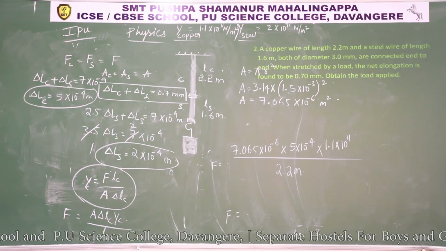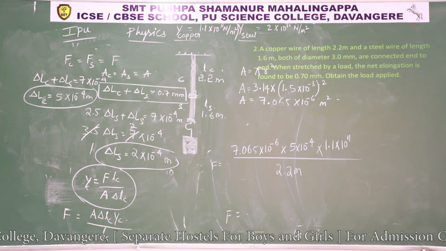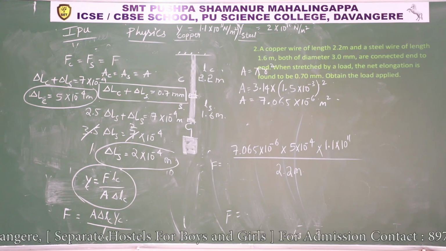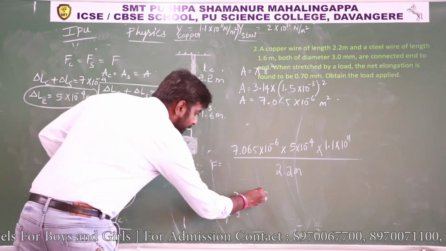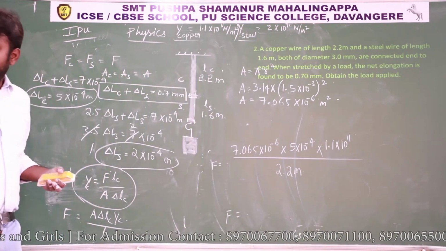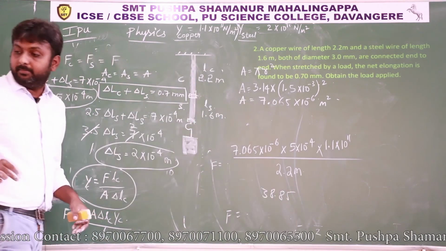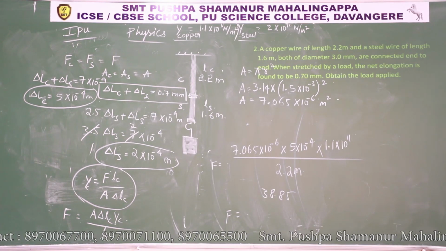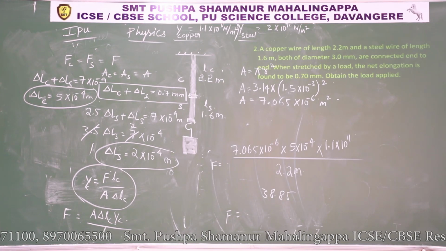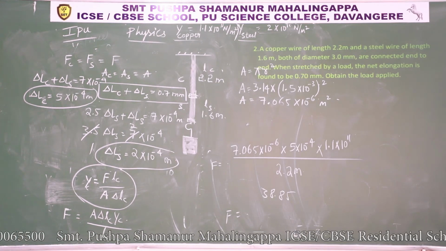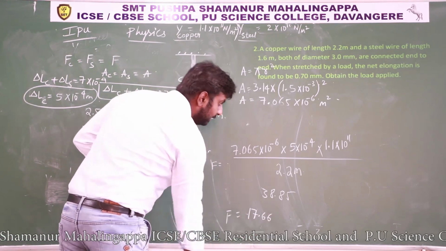So how much will you get? 7.065 into 5 into 1.1, in the numerator you will get 38.85, and that divided by 2.2 gives 17.66.